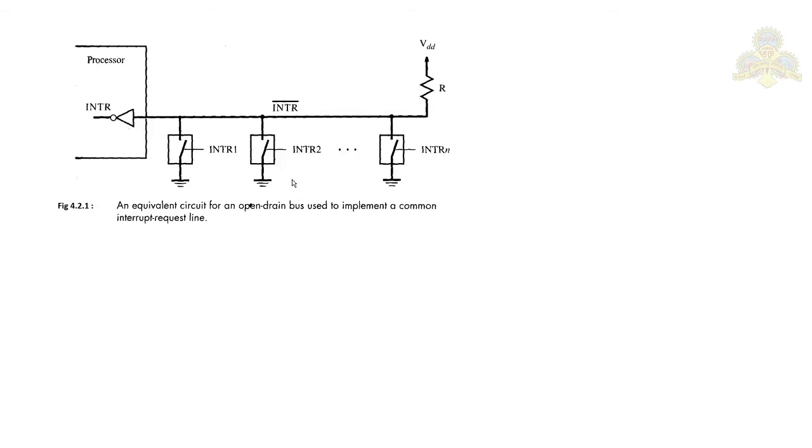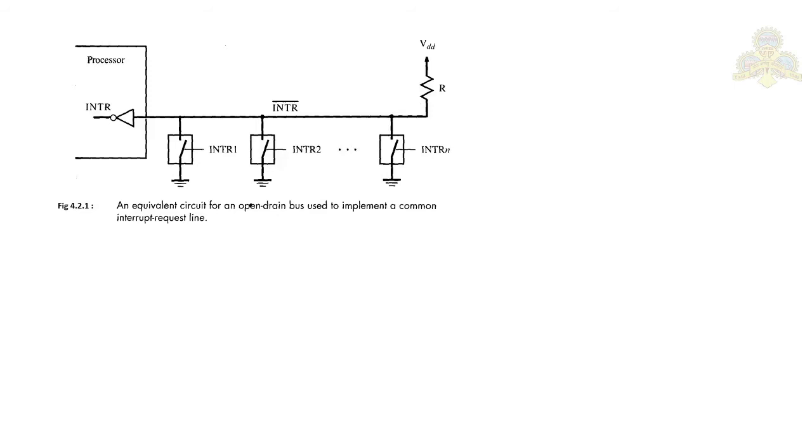Now we will consider the situation wherein these n devices are capable of initiating the interrupt at the same time, or multiple requests are coming from the devices. Then what will happen? Because these devices are operationally independent, there is no definite order in which they will generate the interrupt.